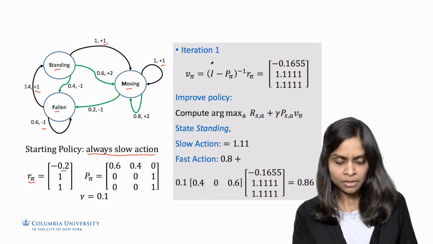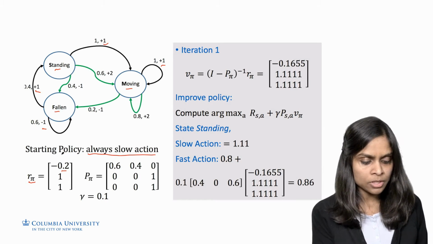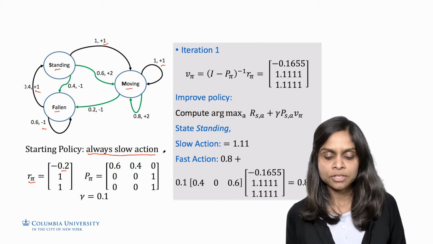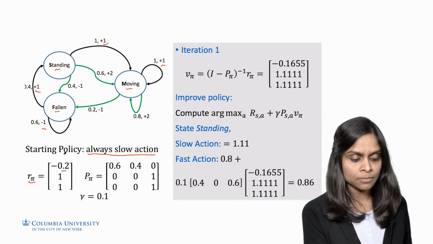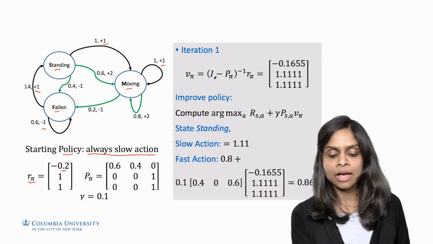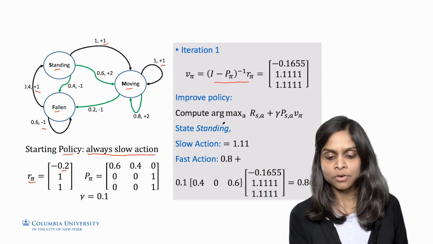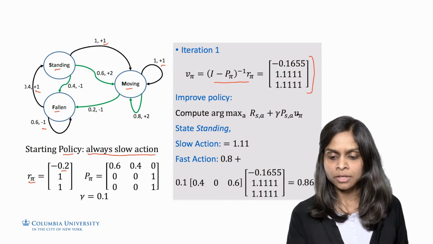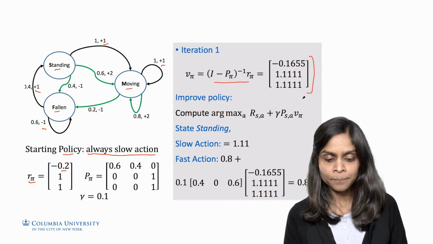So in iteration 1, we will start with the starting policy of always choosing the slow action. Now the first step of the policy iteration method is to evaluate the current policy, the starting policy in this case. To evaluate the policy, it computes the value vector using the inverse matrix formula, and I have just written that for you here. It comes out to be this vector here.